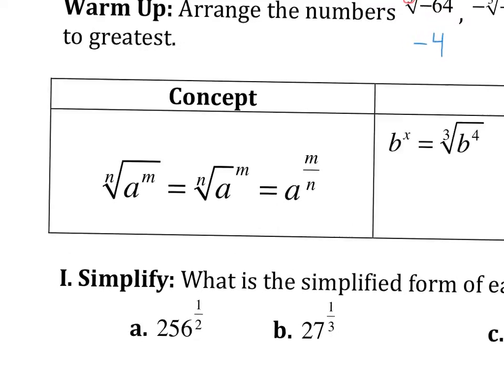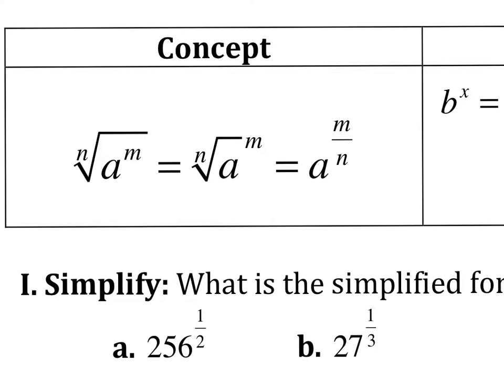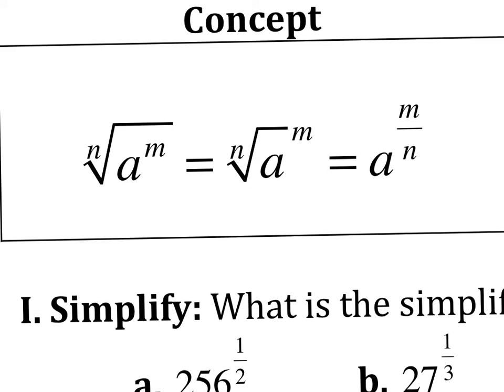So first let's define something, and then I'll give you the reason, the rationale for it. And this is the concept right here. If you recall, this is called my index. But notice, I can rewrite that index as a rational exponent.